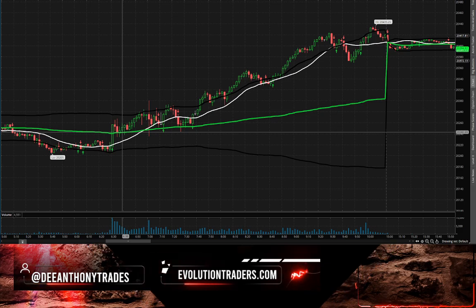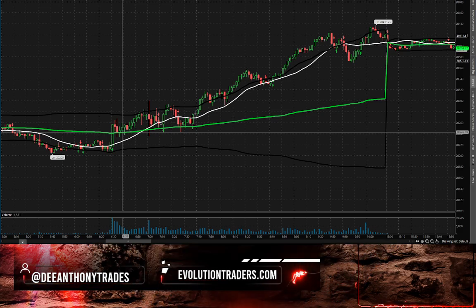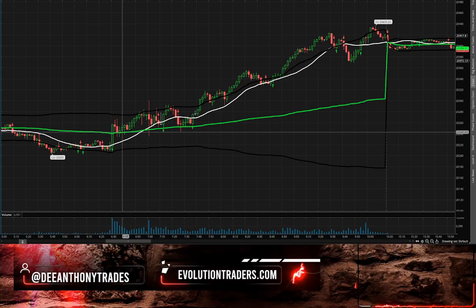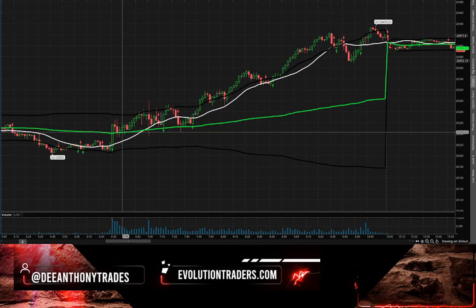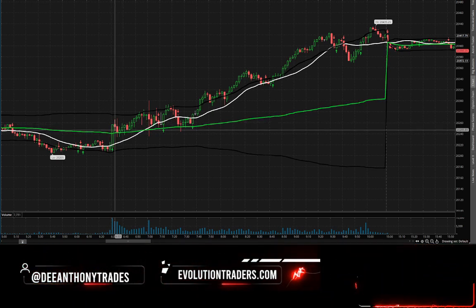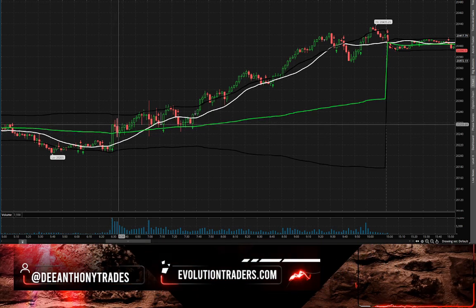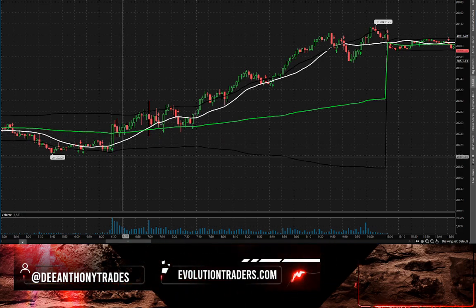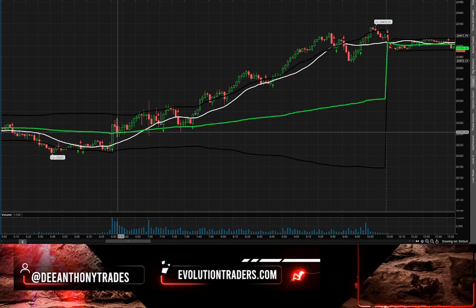VWAP stands for volume weighted average price, so you have to assume they're taking a large number of buyers and sellers and getting a mathematical average price of where a lot of people are sitting. If a lot of people are sitting over VWAP, then anytime we come into VWAP and test and wick around, as long as we're not losing it, closing below it and building below it, this is a good buying opportunity.